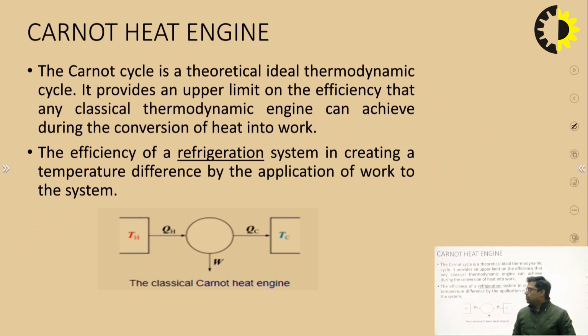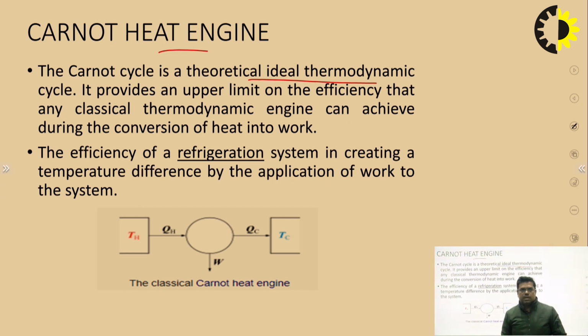Now come to another thermodynamic cycle, known as the Carnot heat engine cycle. First of all, the Carnot heat engine is not an actual cycle; it is a theoretical ideal cycle.